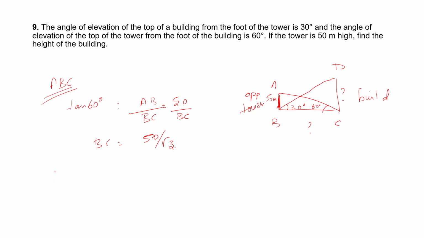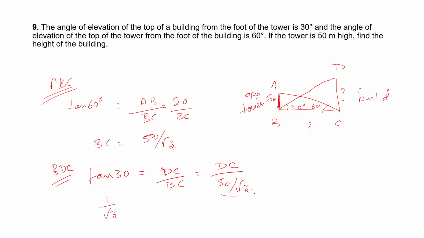From that we can use this BC for triangle BDC. Okay, so tan 30 is DC by BC. BC we have found, DC we don't know. It is 50 by root 3. What is tan 30? Tan 30 is 1 by root 3.